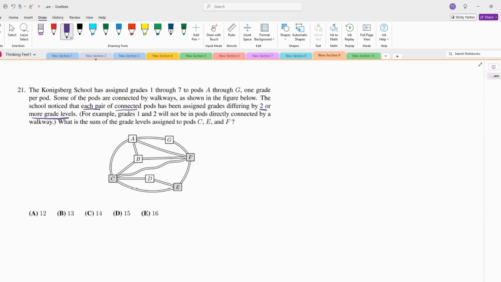For example, grades 1 and 2 will not be in pods directly connected by a walkway because the difference is less than 2. So if 2 pods are connected, the difference has to be either 2 or more, right? And then the question is, what is the sum of the grade levels assigned to pods C, E, and F? So C, E, and F.